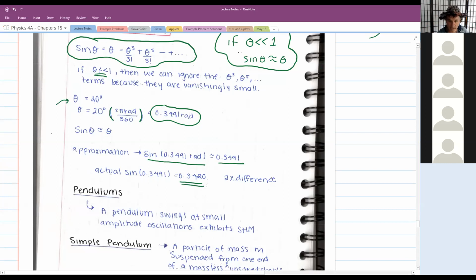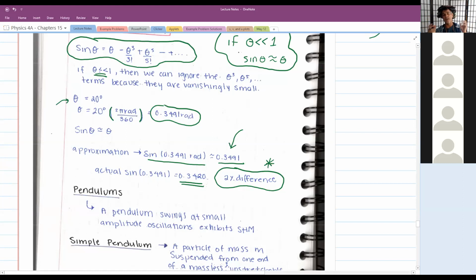This is only a 2% difference. So even a 20-degree angle, once I convert that into radians, is not much, much less than 1, right? But that only gives me a 2% difference between the approximation, that the sine is equal to the angle, and the real value of the sine.